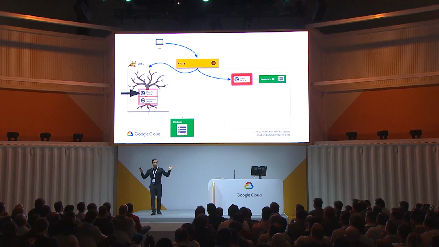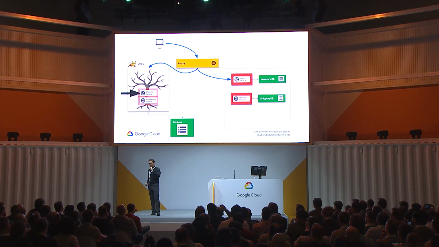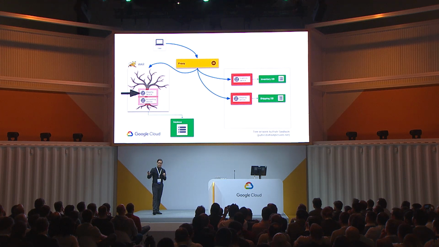OK, so the next easiest service happens to be the shipping service. So like the strangler vines, we'll take that one next, and we create a new binary, hook it up with the proxy, and begin re-implementing the shipping logic from our monolithic app in this new binary.